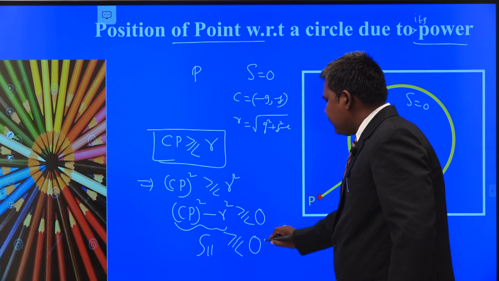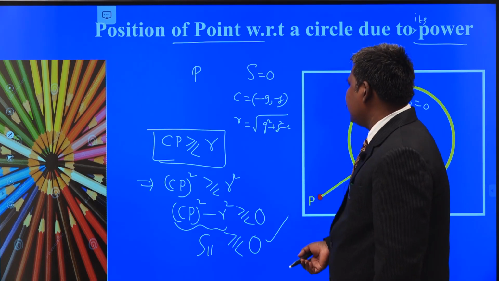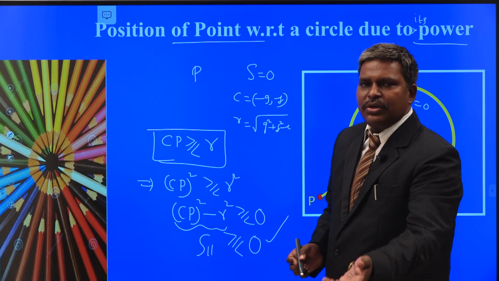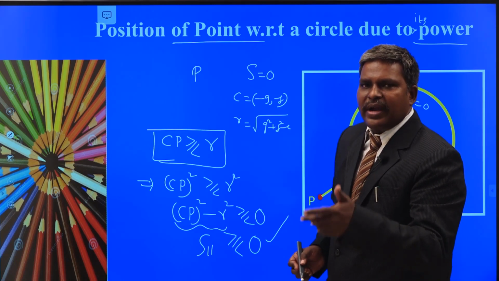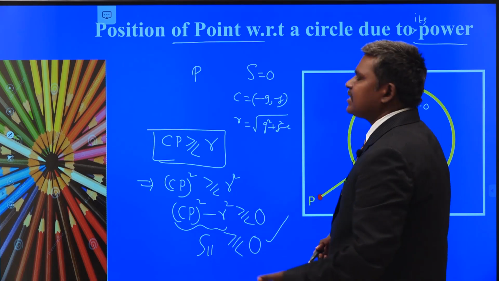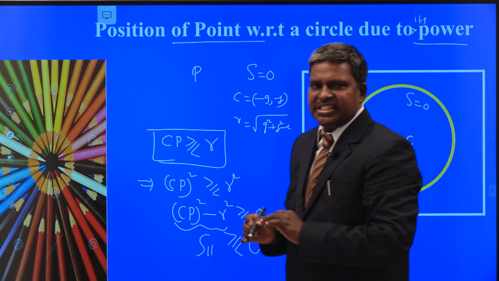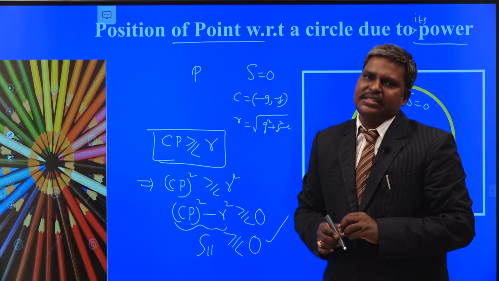So what we obtained from this equation is: if S11 greater than 0, your point is outside. S11 equals 0, your point is on the circle. If S11 less than 0, your point is what? Inside of the circle. So just by substituting the point in the equation itself, we can decide whether it is outside, on, or inside of the circle.